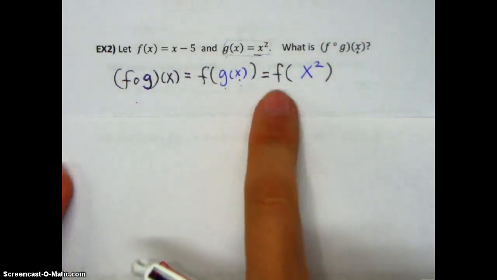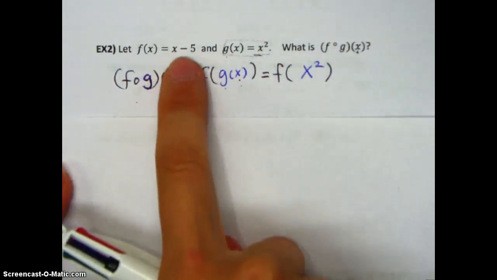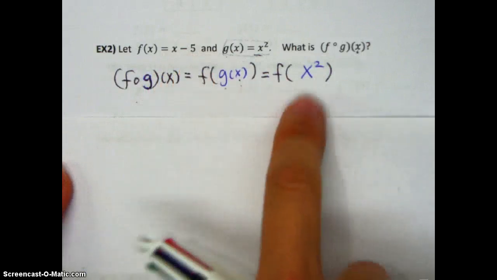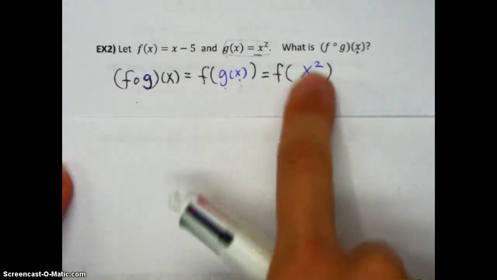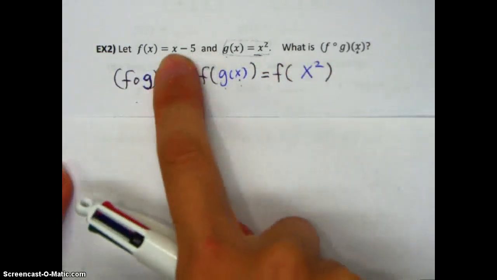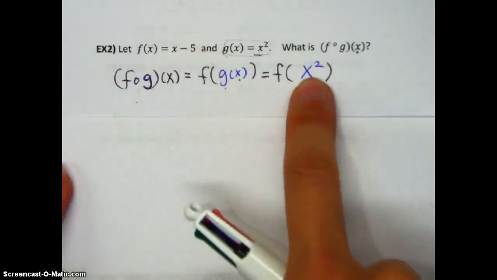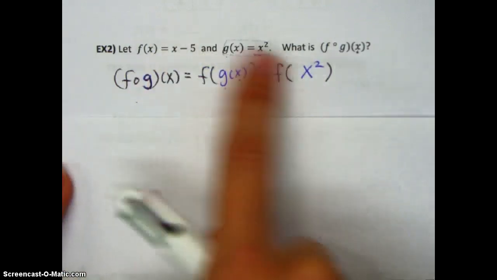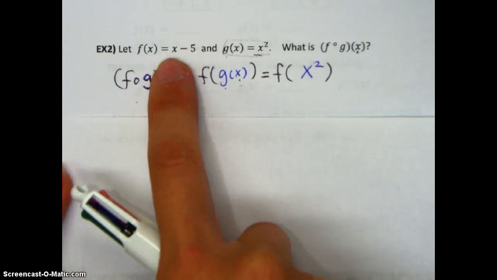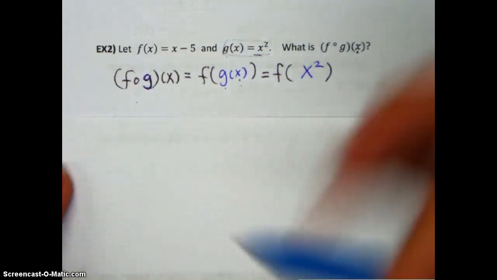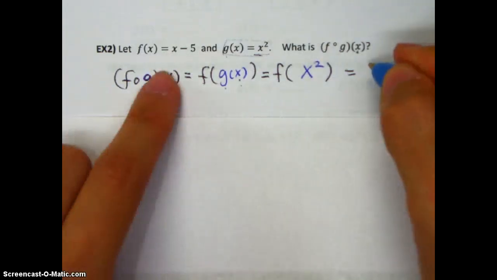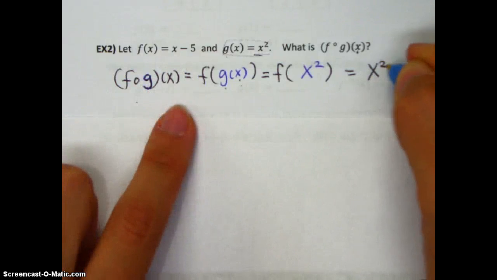Now you look at the F function. F function is X minus 5. So I'm gonna plug this value, X squared, into X. That means instead of X, I'm just gonna write X squared. So X squared will just replace X. So instead of X minus 5, it will be X squared minus 5.